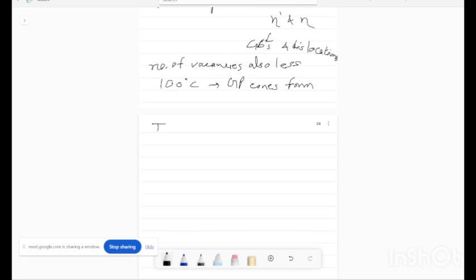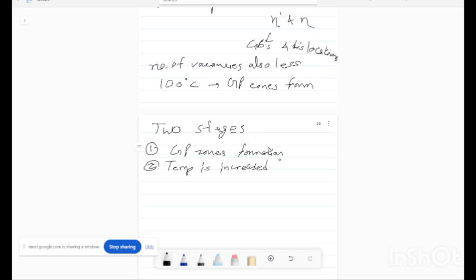So in the 7000 series alloy, the precipitation happens in two stages. First is the GP zone formation. Then for precipitation of eta prime and eta, the temperature is increased for the precipitates to form.